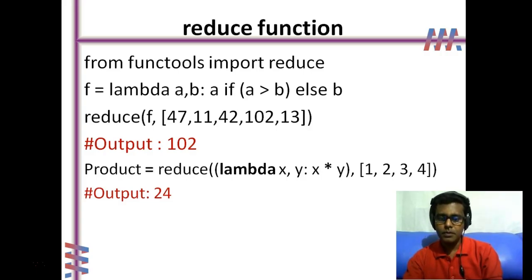So this operation will be performed on the consecutive items in the list. Then at last it will produce the item which is greatest in the list. That is, it will find the maximum number in the given list. So my output is 102.